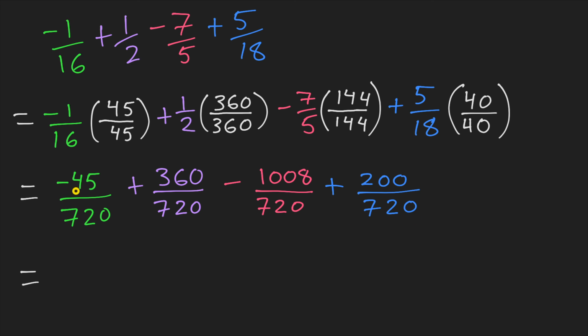And so now all we have to do is just add and subtract the numerators as necessary and divide the result by 720. So what is 360 minus 45, or negative 45 plus 360? Well, I'm evaluating these two terms first. Negative 45 plus 360 is just equal to 315 over 720.